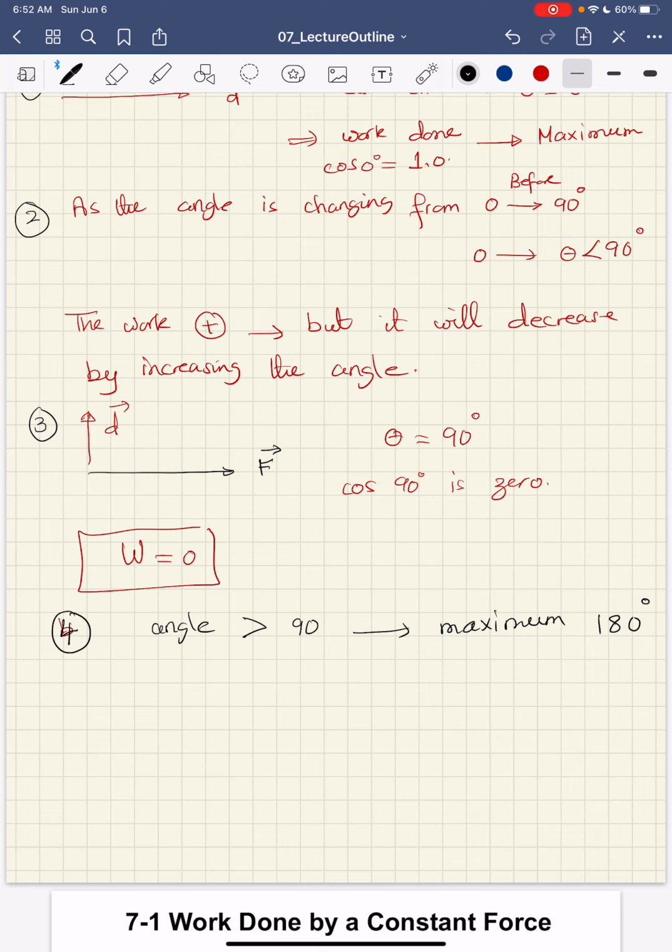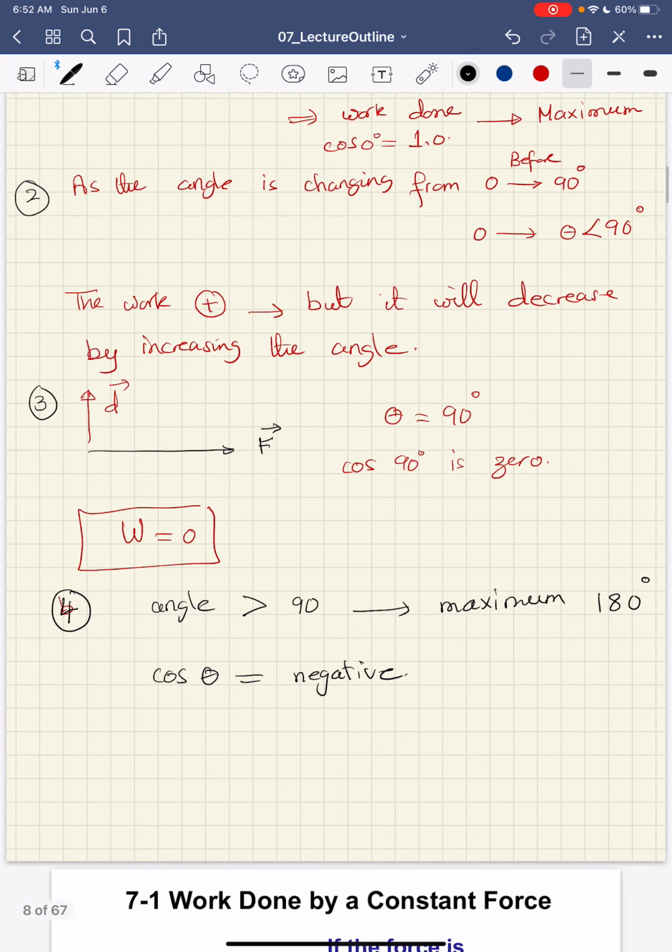And whenever we find the cosine, if you have 120, it is going to be negative, so here cosine theta is going to be negative.